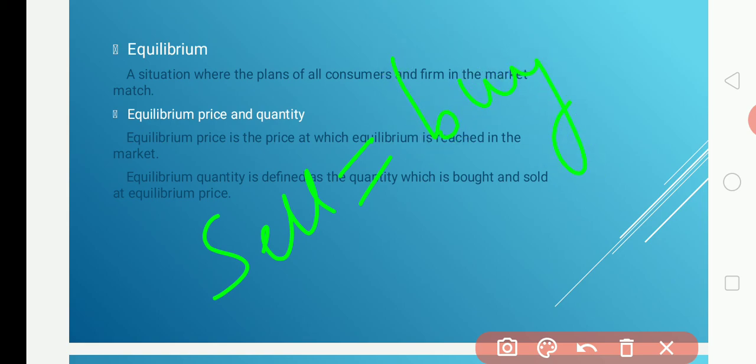Under the perfectly competitive market, we know that firms are price takers, and the consumer just has to pay the price. So the aggregate goods sold by the sellers are bought by the consumers. This is market supply equals market demand. We call it an equilibrium situation.